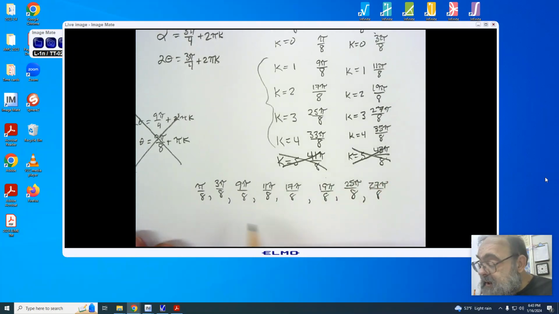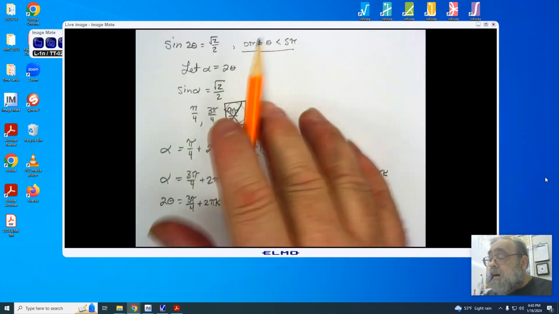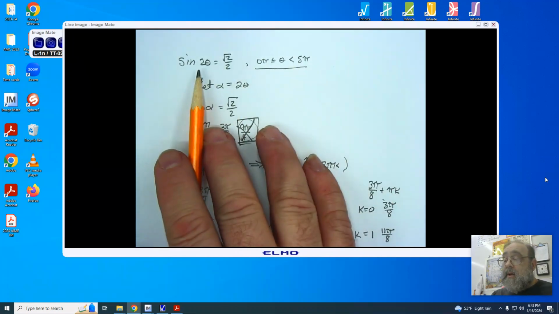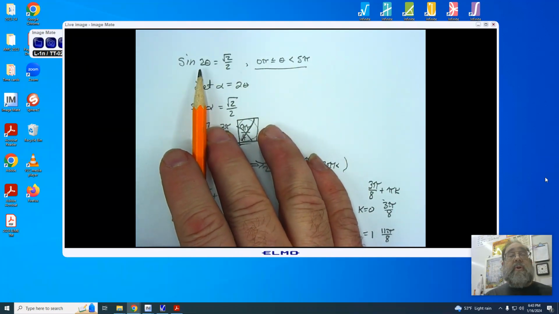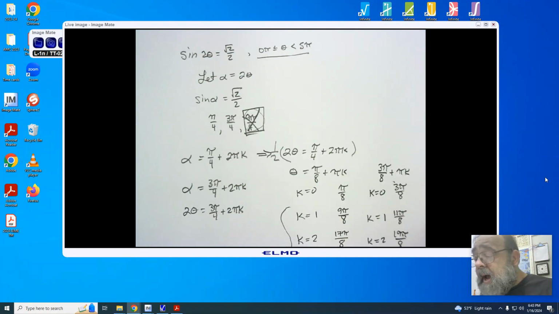Again, I'm just listing them all down. We have 33 pi over 8, and we have 35 pi over 8. These are now the solutions between 0 and 5 pi for the function sine 2 theta equals root 2 over 2. You notice it's not that difficult. We just have to make sure we follow all of our steps.